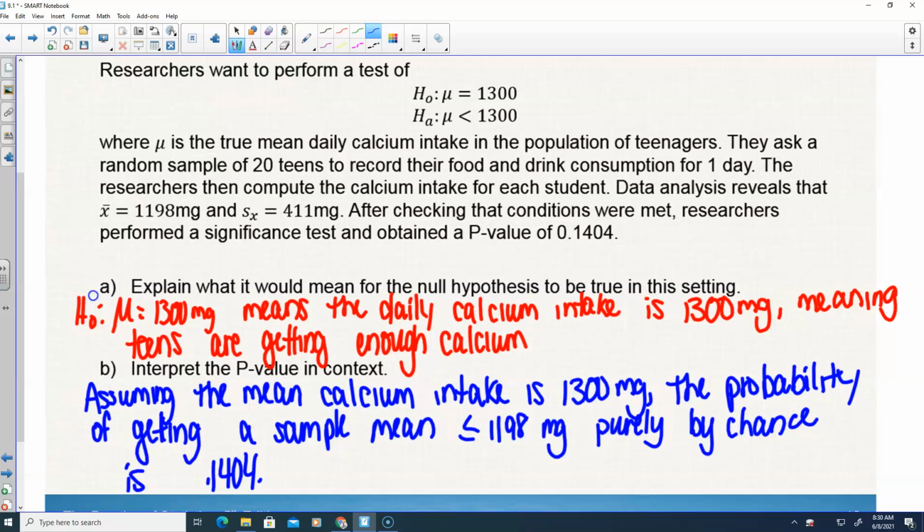So 14% chance of getting results of less than or equal to 1198 if 1,300 is true. That's pretty big. I'd say a 14% chance is reasonable. So I don't have any evidence to claim against my H0.